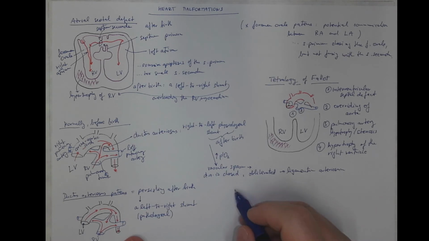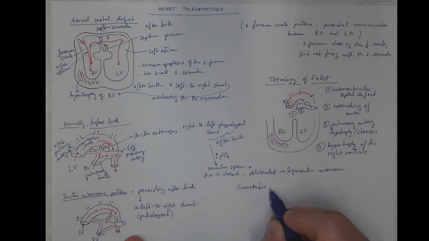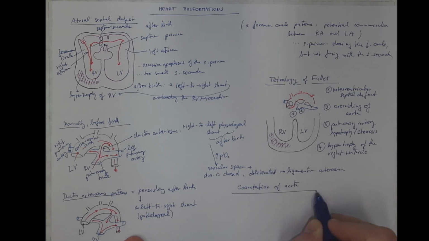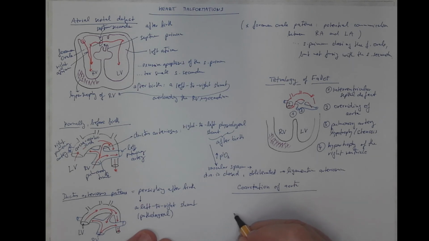Another and last of these examples of heart malformations would be the coarctation of aorta. There are basically two types, depending on the mutual position. Coarctation means a narrowing, a narrow part.